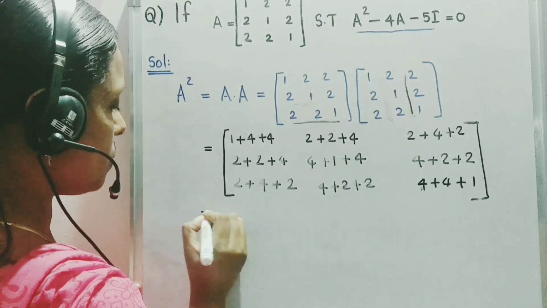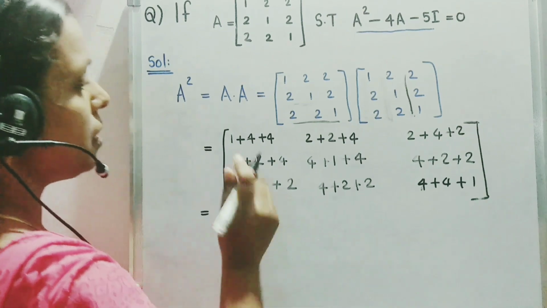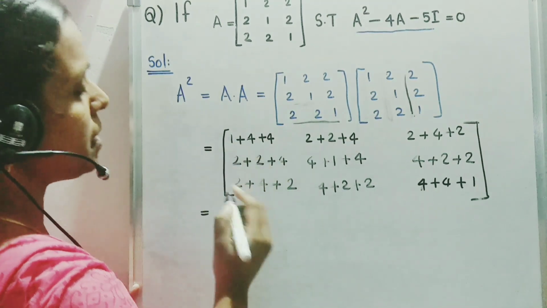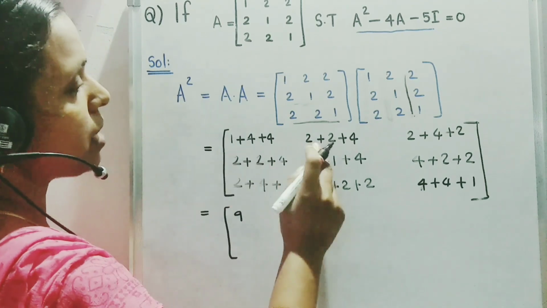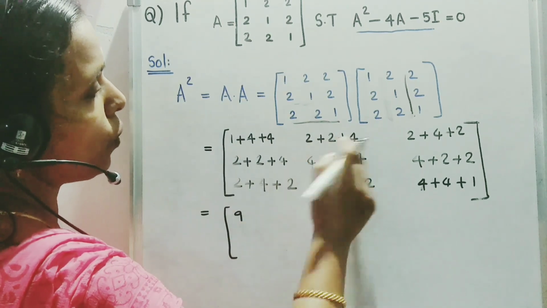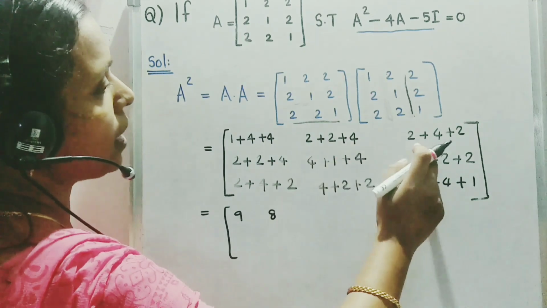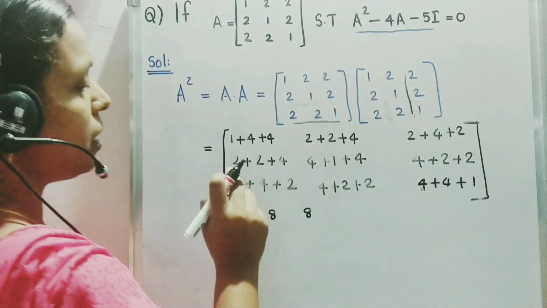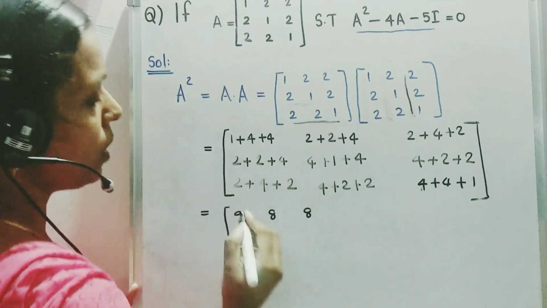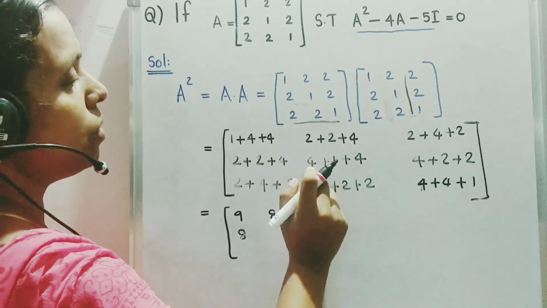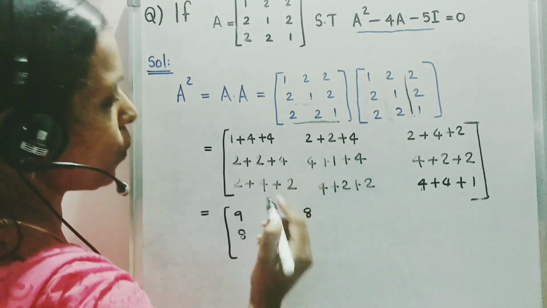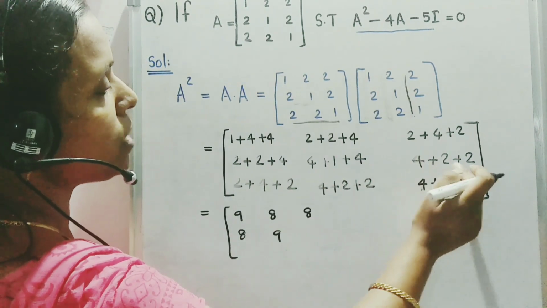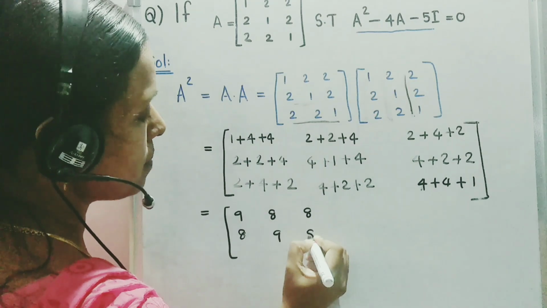That is equal to matrix. We can write 1 plus 4 plus 4, that is 8 plus 1, that is 9. Next 2 plus 2 plus 4, 4 plus 4, 8. Next 2 plus 4 plus 2, that is 8. Here 2 plus 2 plus 4, that is 8. 4 plus 1 plus 4, that is 9. 4 plus 2 plus 2, that is 8.